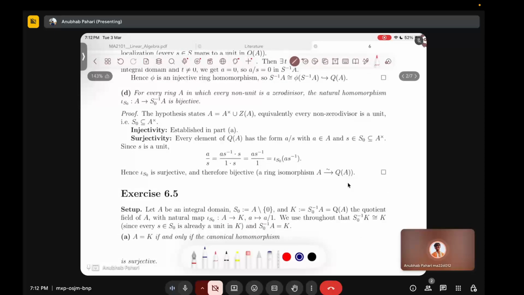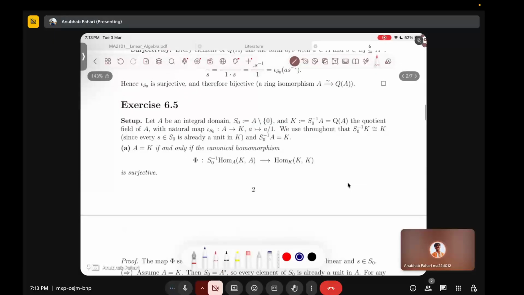And for the surjectivity, suppose that every element of Q(A) has the form a/s, with a in A and s in S0, which is contained in A cross. Since s is a unit, we have a/s equals a s inverse times s/1 times 1/s, which is a s inverse/1, which is i_S0 of a s inverse. Since i_S0 is surjective and also injective, we have this bijection.